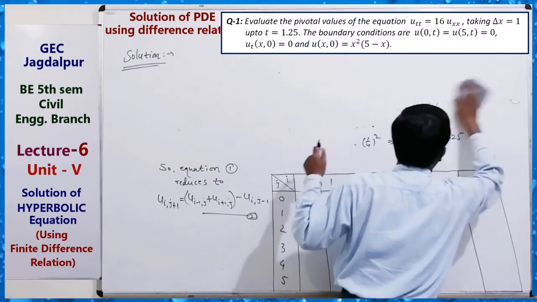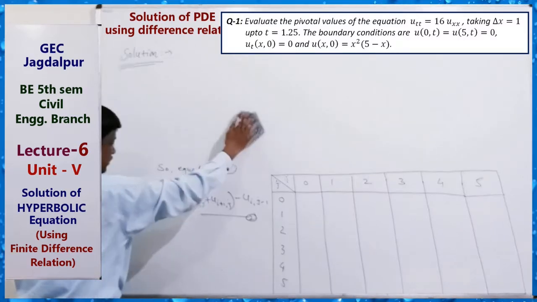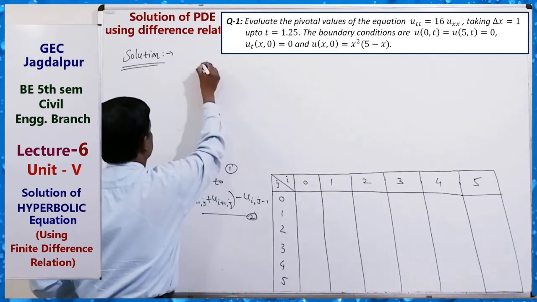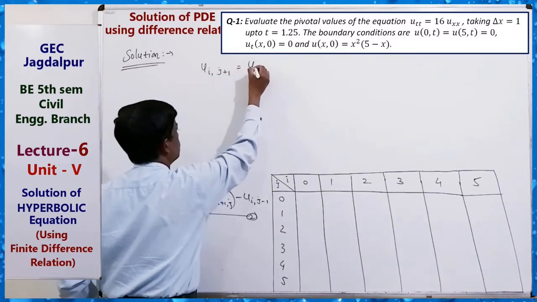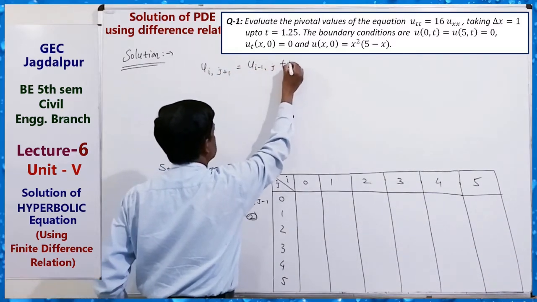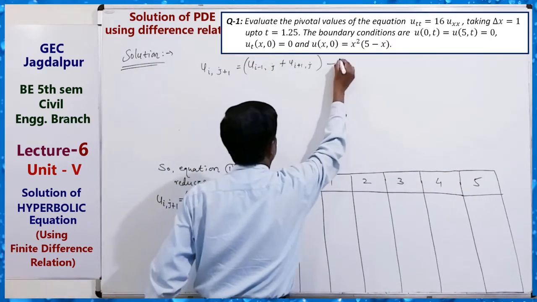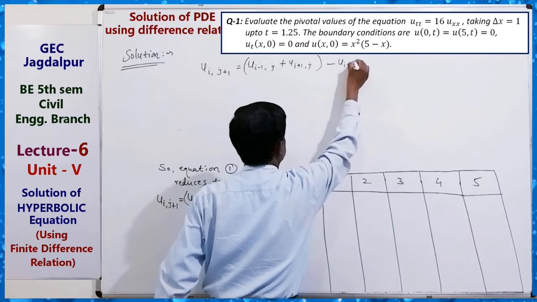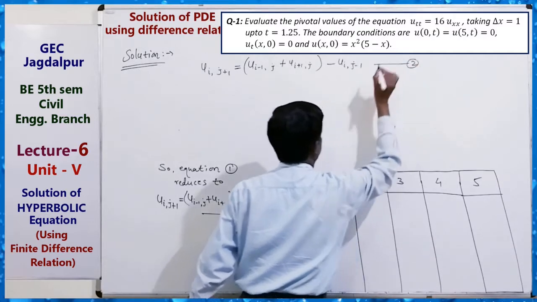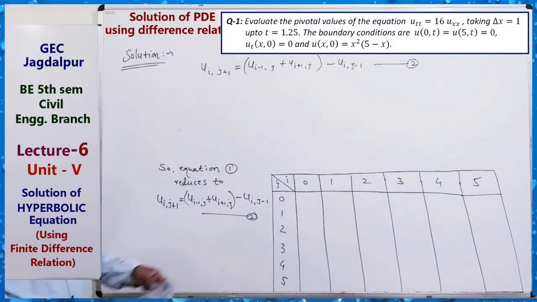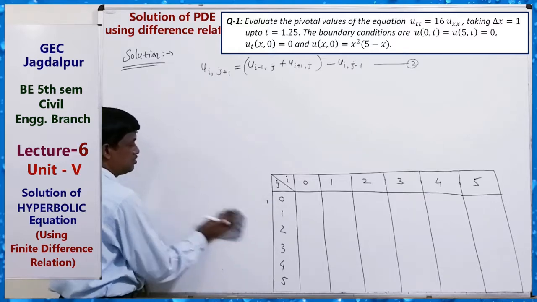Here just write this formula: u i j plus 1 equals u i minus 1 j plus u i plus 1 j minus u i j minus 1. This is our second formula, and we have to solve the given equation by using this formula.